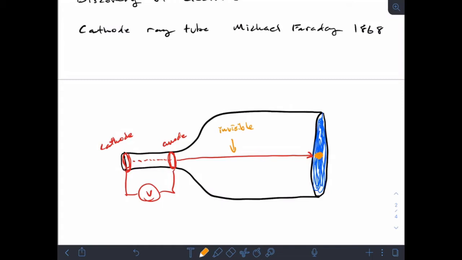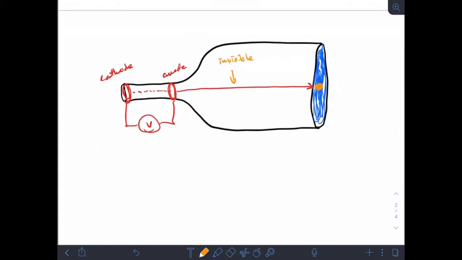So the cathode ray tube emits radiation. Now they figured, well, all right, so this does a thing. Let's see what else we can do with it.